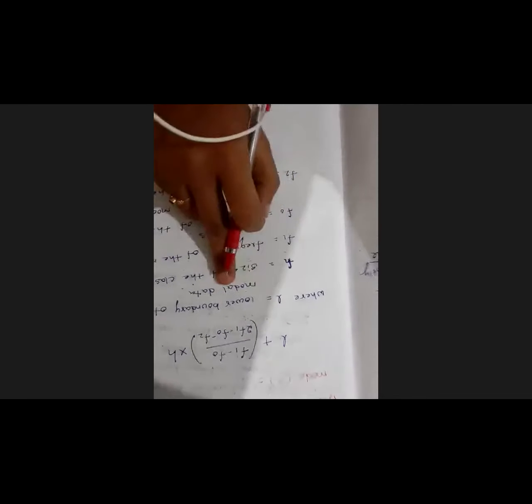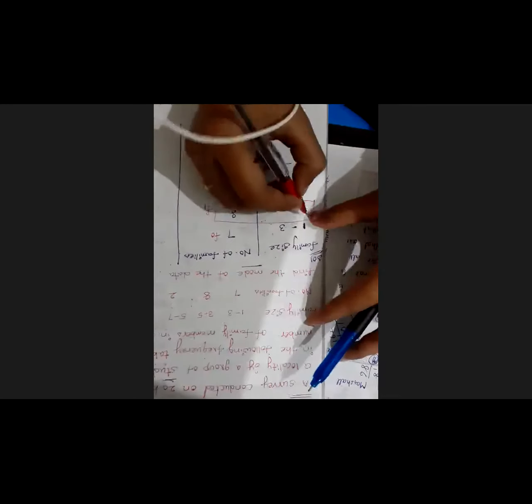So L is the lower boundary of the modal class. This is the lower boundary and this is the upper boundary. In the question, we have to take L as the lower boundary.